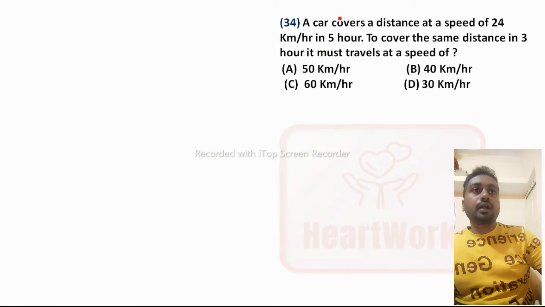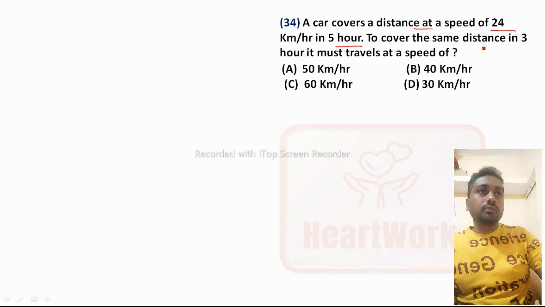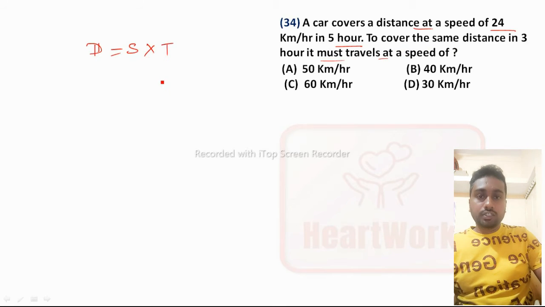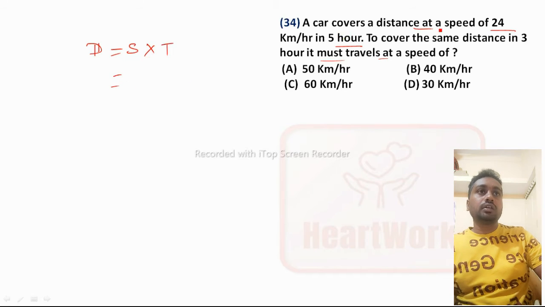Next, a car covers a distance at a speed of 24 km per hour in 5 hours. To cover the same distance in 3 hours, it must travel at a speed of what? To calculate distance, the formula is distance equals speed into time. In the first sentence, speed is given, time is given.